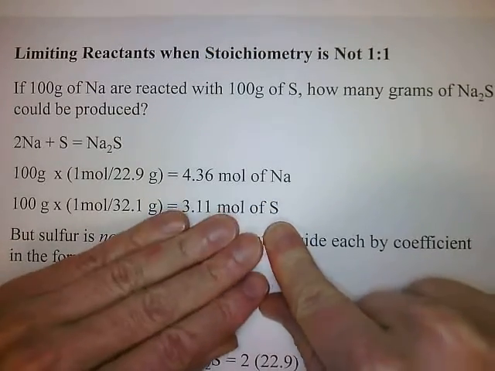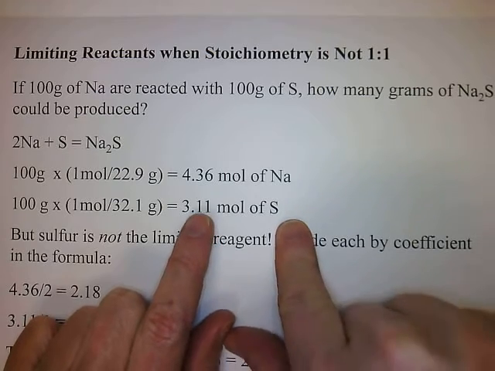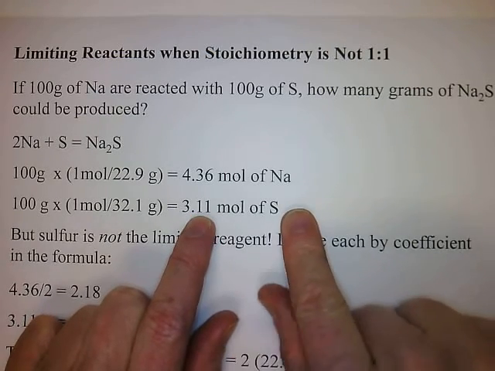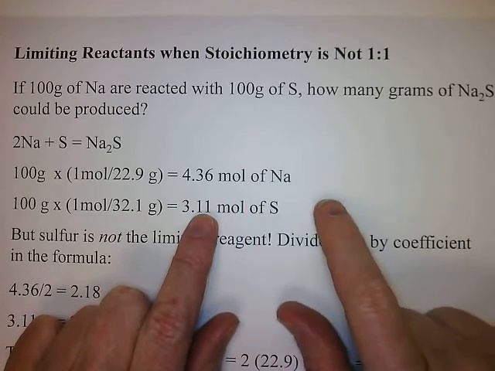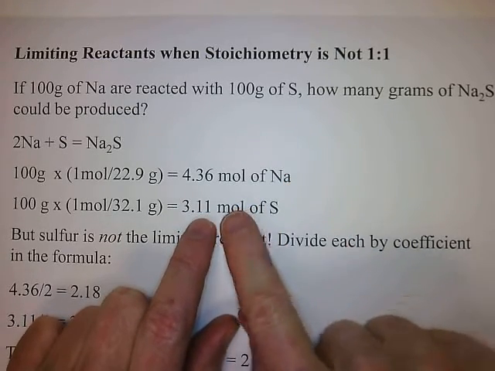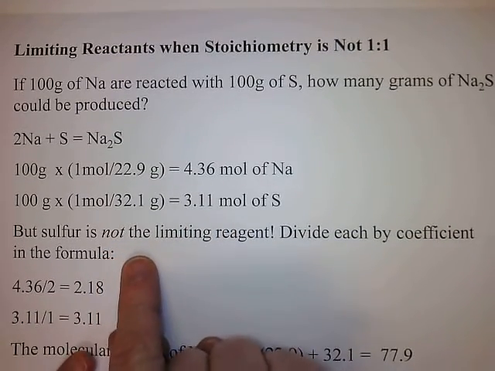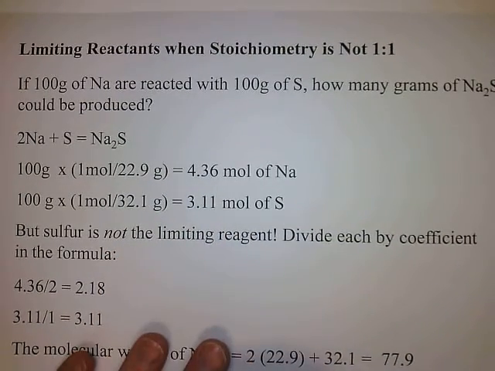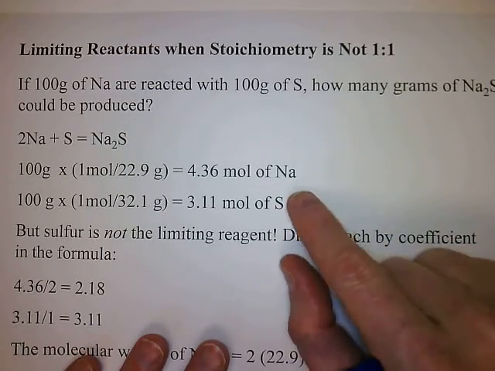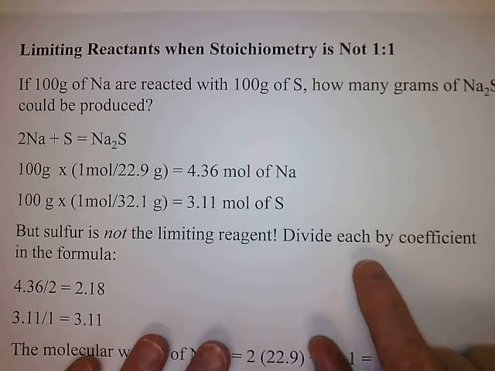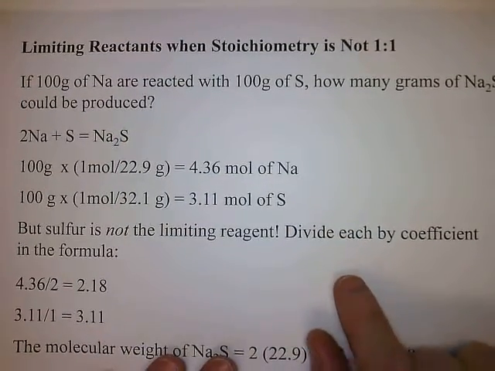You might be quick to jump on here and say sulfur is the limiting reagent, but it's not, because you have to have 2 moles of sodium to make a mole of the compound, whereas you only have to have 1 mole of sulfur. Before you can jump to any conclusions, you divide each by its coefficient in the formula.